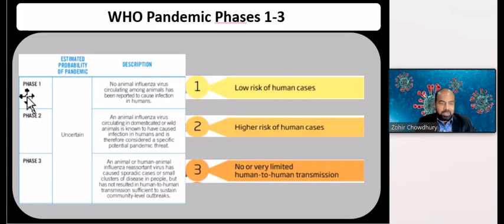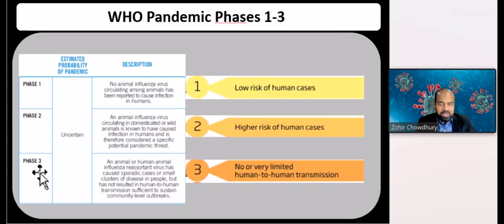However, the viruses have been recognized, and as a result, it poses low risk. In phase 2, an animal influenza virus circulating among domesticated or wild animals is known to have caused infection in humans and is therefore considered a potential pandemic threat.